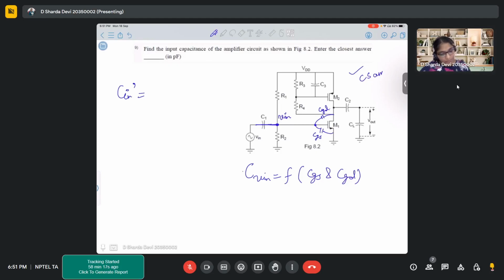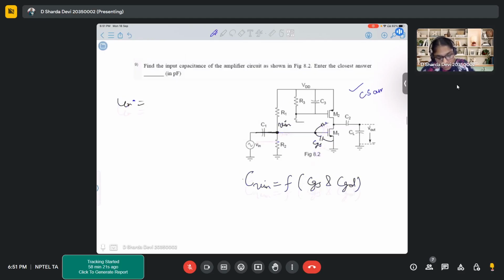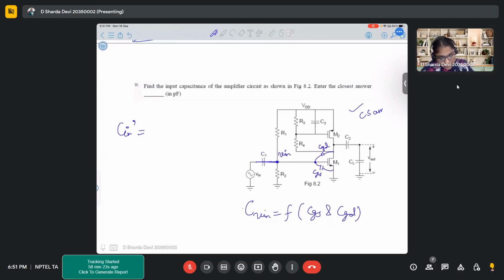CGD is a floating capacitance. We need to apply Miller's theorem in that way. Similar analysis: 1 plus A into CGD will give us this, right? Correct? Yes, ma'am. 1 plus A into CGD, right?